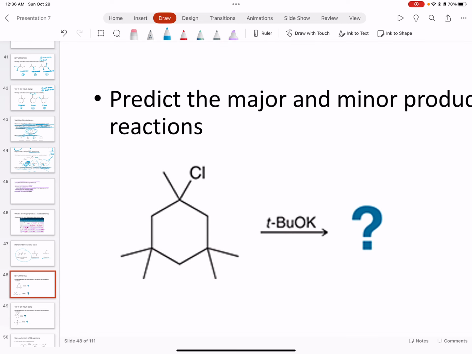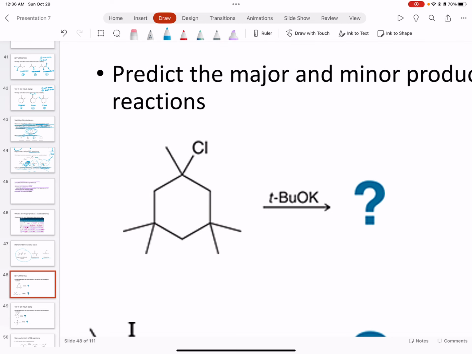Okay, so like we said before, this one is bulky. So then I have my alpha, which is what carries my chlorine. And then I'm gonna have my beta positions, right? So I have this one, and this one.